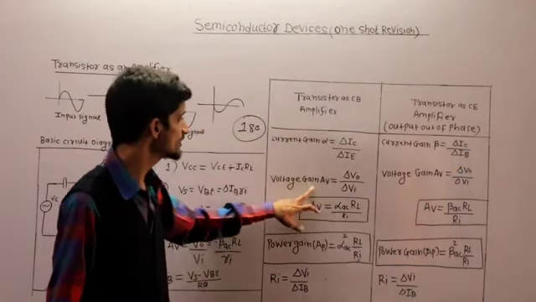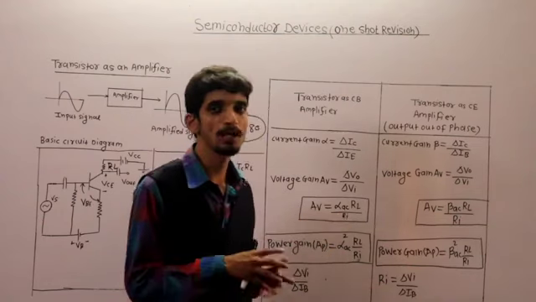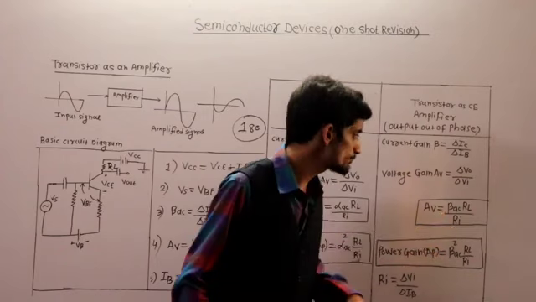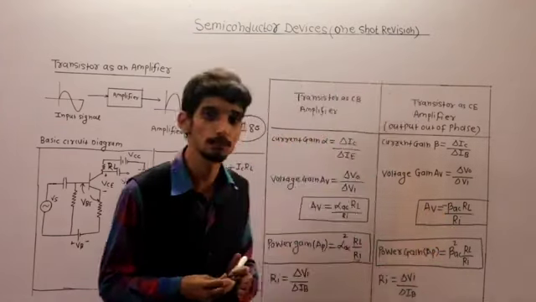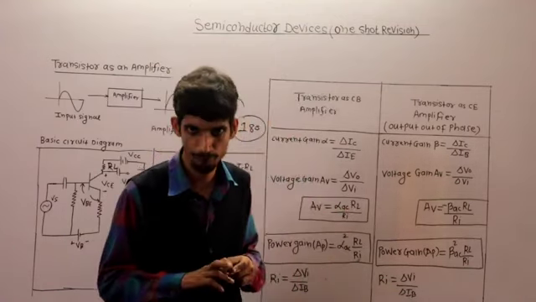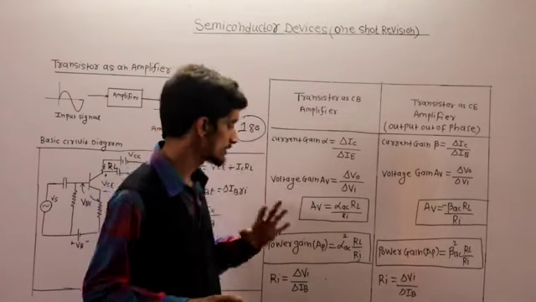Then voltage gain AV is delta VO by delta VI, that is AV is alpha AC RL by RI in common base. In common emitter, AV is equal to minus beta AC RL by RI. Many times questions on these formulas have been asked in JEE, where you have to find the voltage gain or power gain. Clear? So this is important.